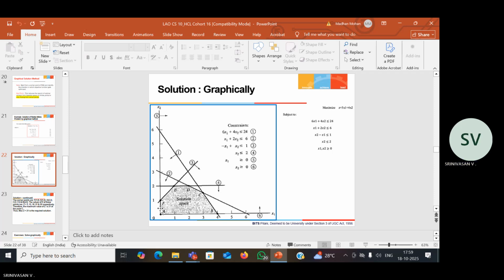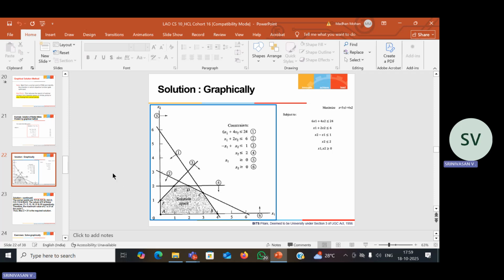And then F is 0, 1. So these are all the corner points A, B, C, D, E, F, which form the feasible region or feasible solution space. Now, at each of these points, find out the value of Z, the objective function.